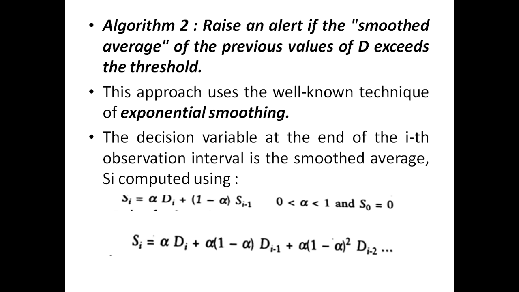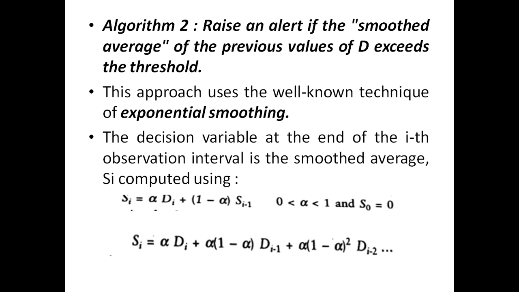This recursive expression for Si can be expressed iteratively by repeated substitution of S(i-j) in terms of S(i-j-1). Based on that, we get the formula Si = alpha*Di + alpha*(1 - alpha)*D(i-1) + alpha*(1 - alpha)^2*D(i-2), and so on.